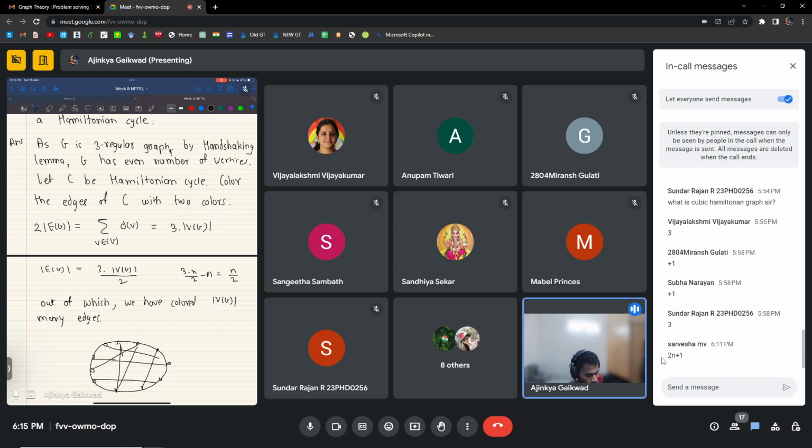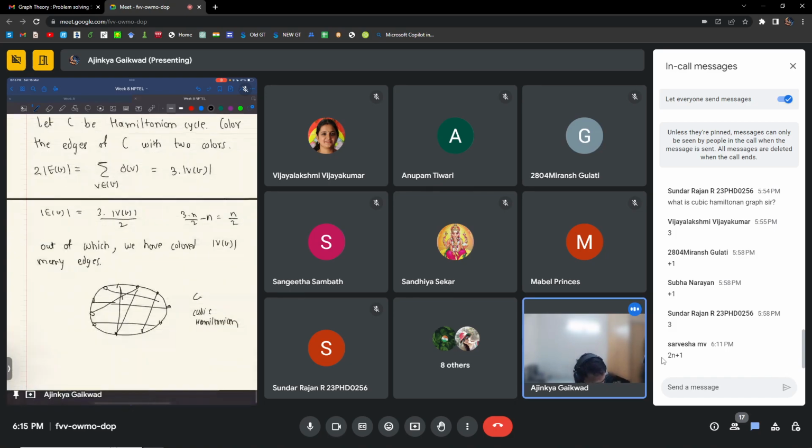So I had this graph G, which is cubic and Hamiltonian, right? How would this graph look if I delete the edges that appear on the Hamiltonian cycle?